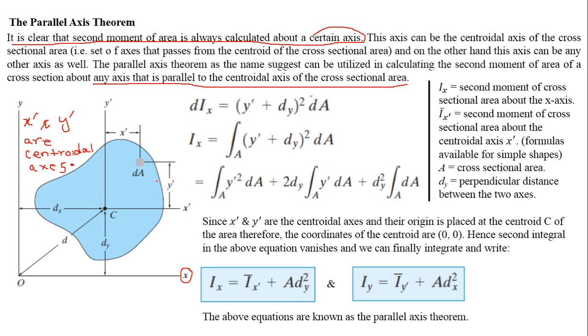So this is the arbitrary shape area, and it has a centroid C, and through that the centroidal axes are passing, which are x dash and y dash, and this set of axes x and y is some other axis that is obviously not the centroidal axis of this area, and they are parallel to x dash and y dash.